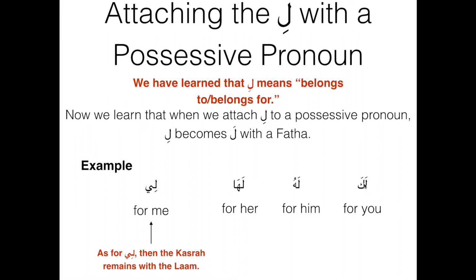Instead of saying lika, you say laka, lahu, laha. So it's the same lam, but now it has a fatha. Laka is for you, lahu for him, laha for her. As for li, the kasra remains because of the ya. So that's why the kasra remains.